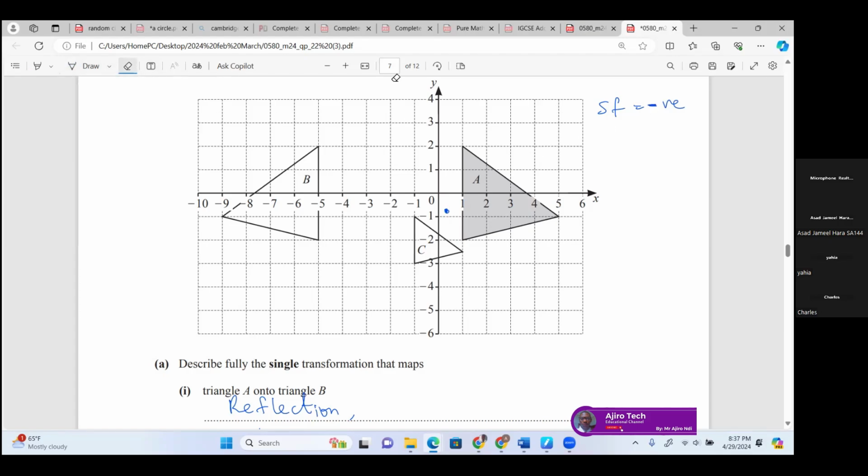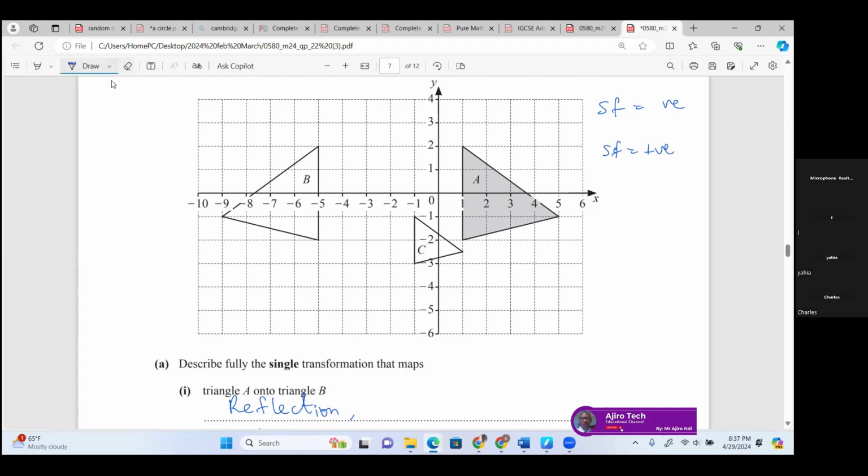But if the center of enlargement is not in between them, but around the side, the scale factor will be positive. So let us first find our center of enlargement.